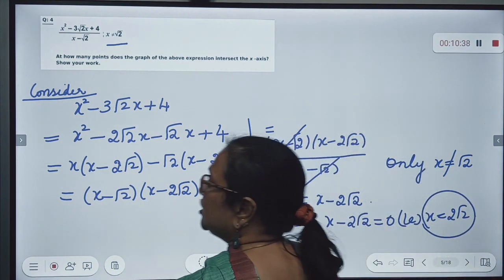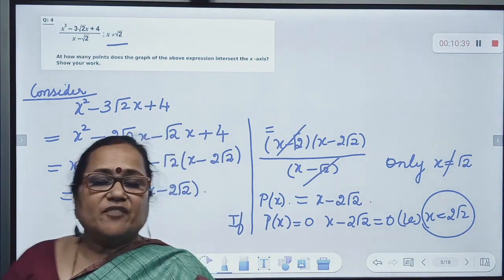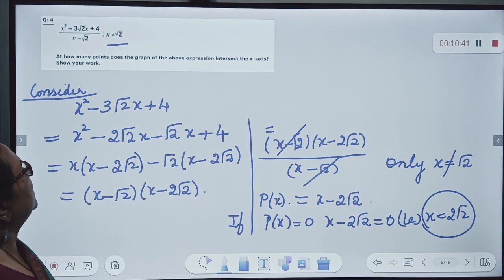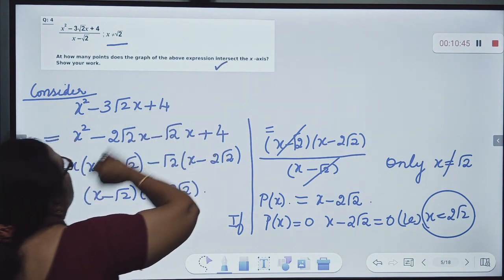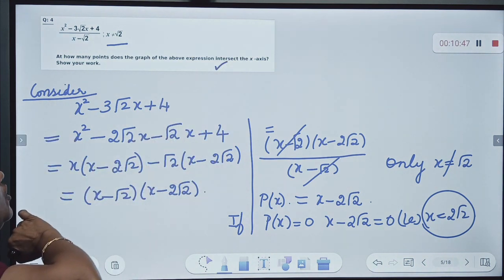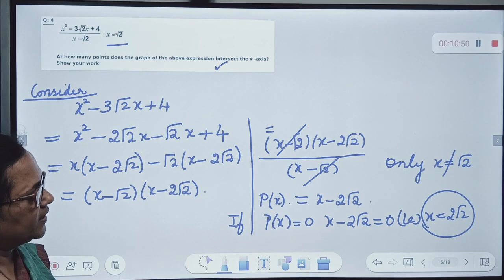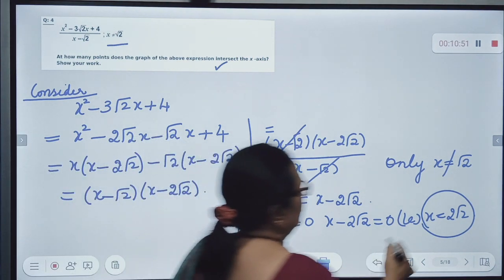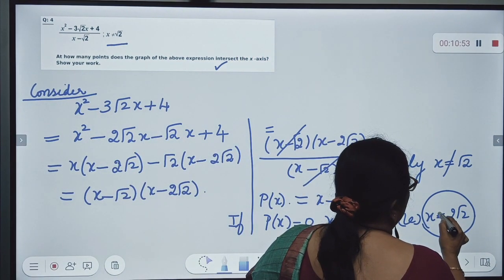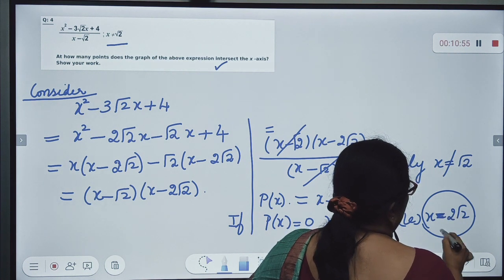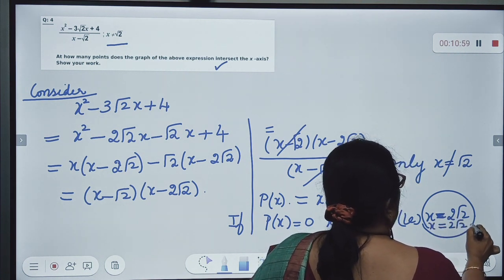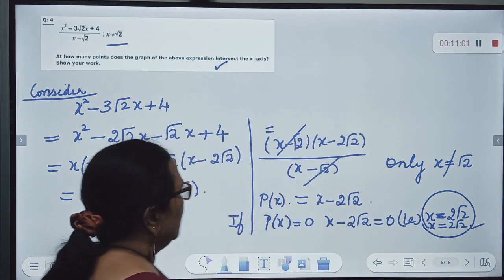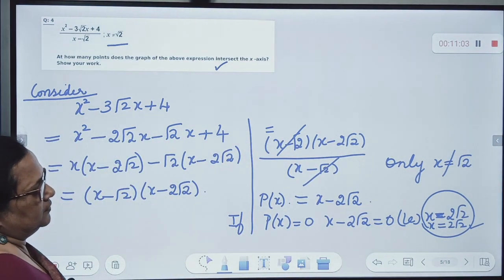So at x equal to 2 root 2, the graph will intersect the x-axis. That is the question being asked: at what point does the graph of the above expression intersect the x-axis? When x equal to 2 root 2. Are you able to follow? Is it clear?